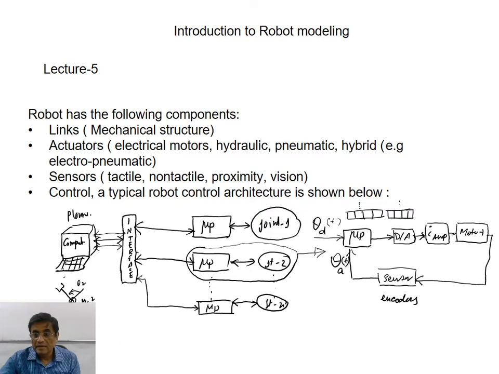Then the amplified signal, suppose we are talking here about armature current control. The simplest one in the case of a motor, I am giving as an example, is armature current control. That amplified current will go to the motor and it will rotate the motor. Again its sensor will sense, and this will continue till theta d and theta actual differ by about 0.